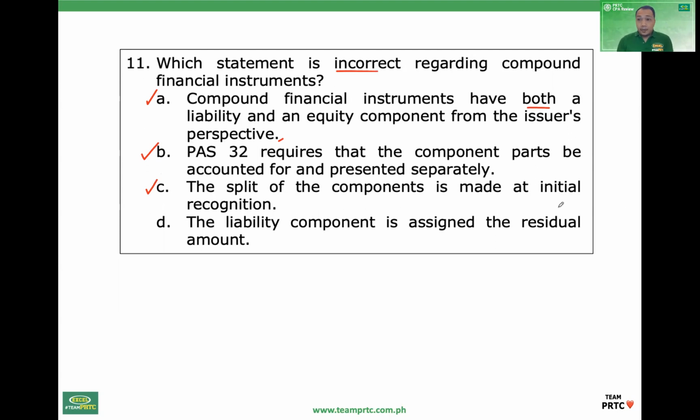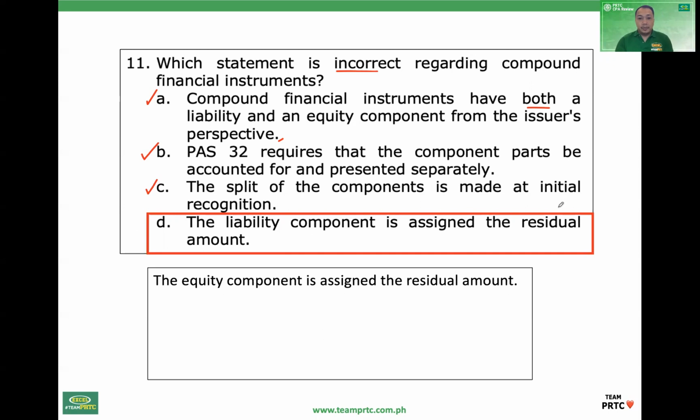How? Since equity is residual, the equity component is assigned the residual amount. So D is incorrect. Dapat yan, the equity, not the liability component, is assigned the residual amount. How? Using with and without method.